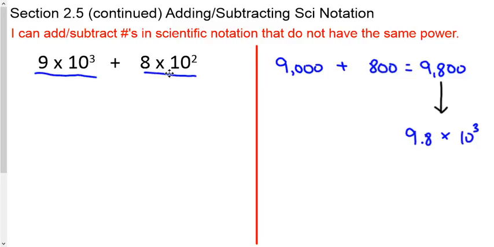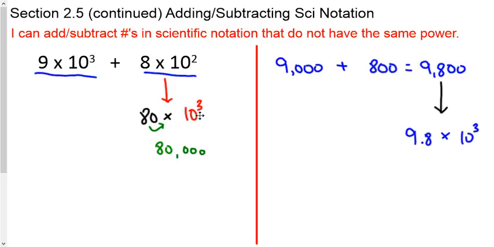Well, if I could somehow change this to be 10 to the third power, that'd be fantastic, because then it would be the same as this one. However, this decimal has got to change. If I made it 80 times 10 to the third power, basically if I just took this decimal and slid it over to the right one spot, suddenly we'd have to add on 3 more zeros on top of it, and that would be 80,000.